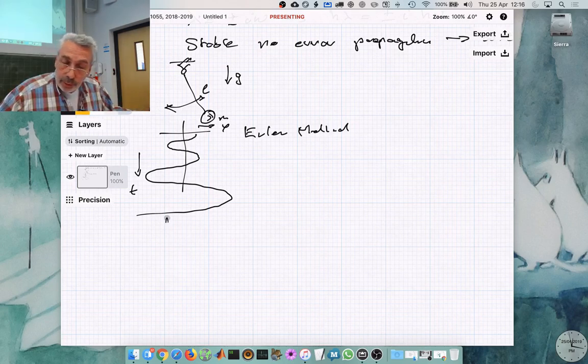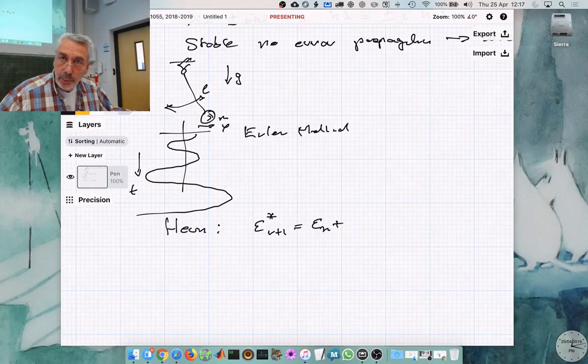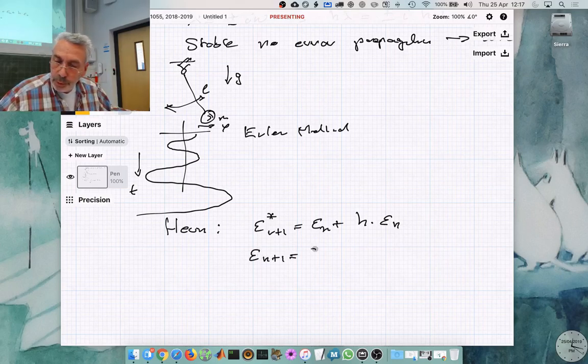Well, let's look at Heun. In Heun we had, I should say epsilon now. We're talking about the errors, right? So I should write epsilon. Epsilon star n plus 1 is epsilon n plus, well, the differential equation was h times epsilon n. That was the approximate. Then the real value, n plus 1, is epsilon n plus h over 2.